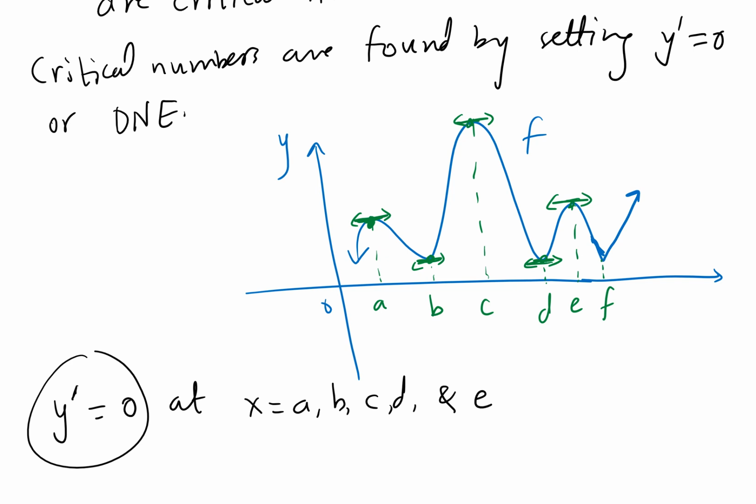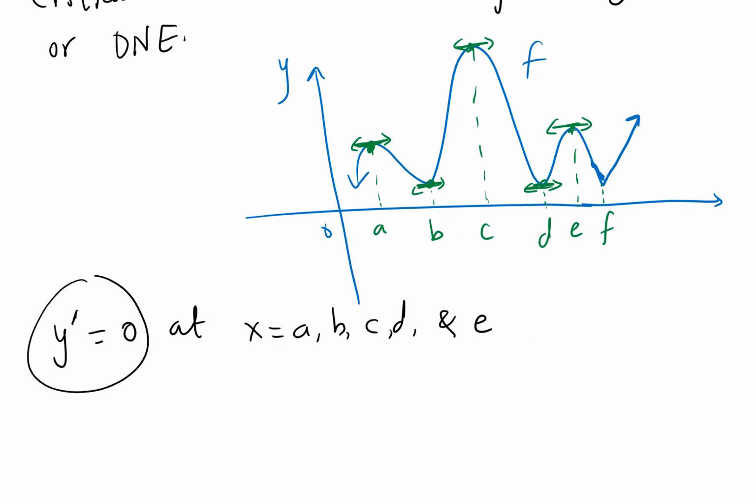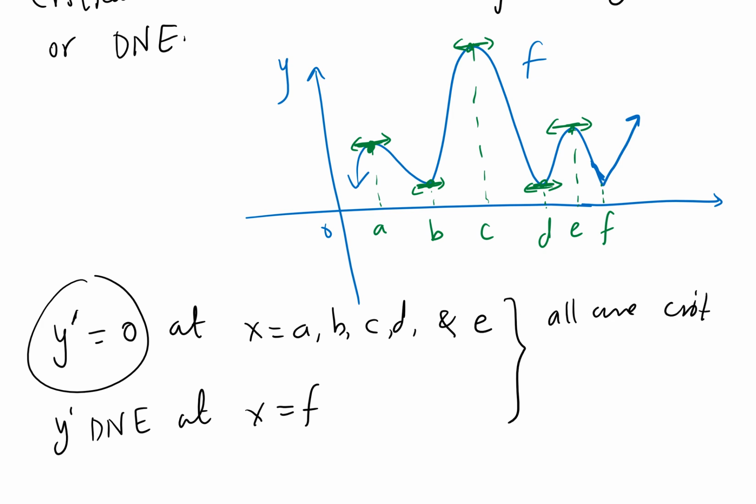So at the points a, b, c, d, and e, there's a horizontal tangent line. And at point f, y prime does not exist at x equals f. So all these numbers a through f are critical numbers.